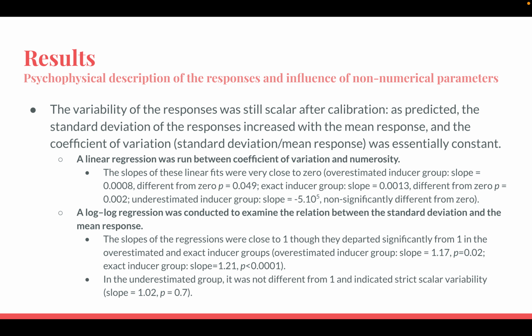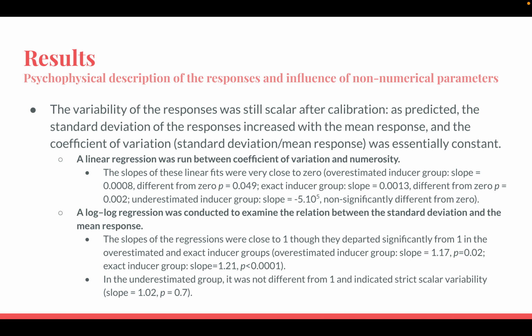Second, the variability of the responses was still scalar after calibration. As predicted, the standard deviation of the responses increased with the mean response, and the coefficient of variation was essentially constant. Data were submitted to the same analysis as for the non-calibrated participants.